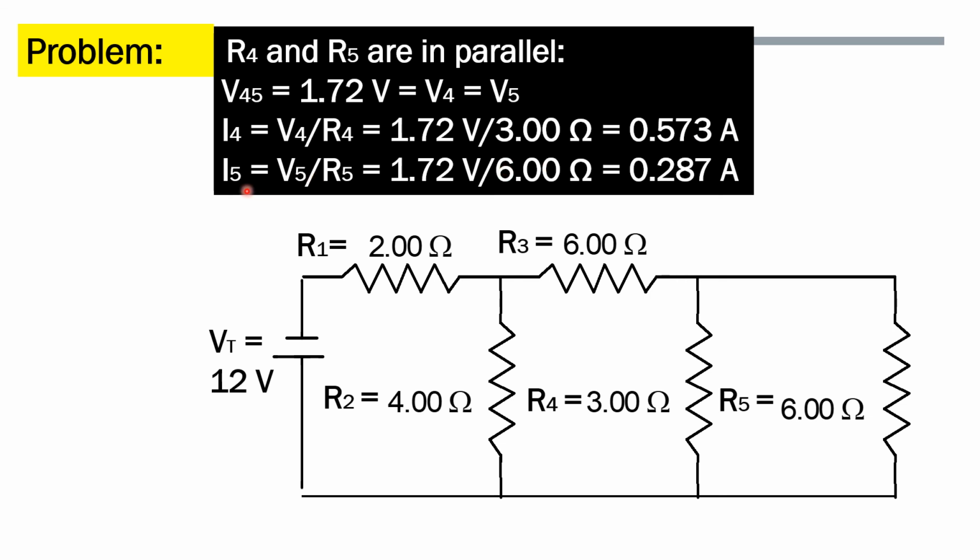And for I5, that's equal to V5 divided by R5, substituting 1.72 volts divided by 6.0 ohms, or a current equal to 0.287 amperes. So these are the values of I sub 4 and I sub 5, as well as their voltages, V4 and V5, each being equal to 1.72 volts.